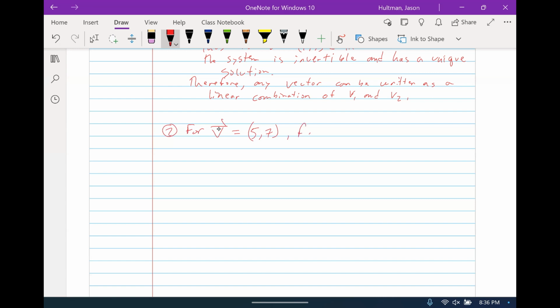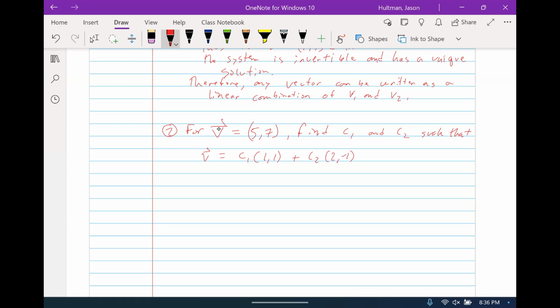Find C1 and C2 such that V is equal to C1 times 1, 1 plus C2 times 2, negative 1.